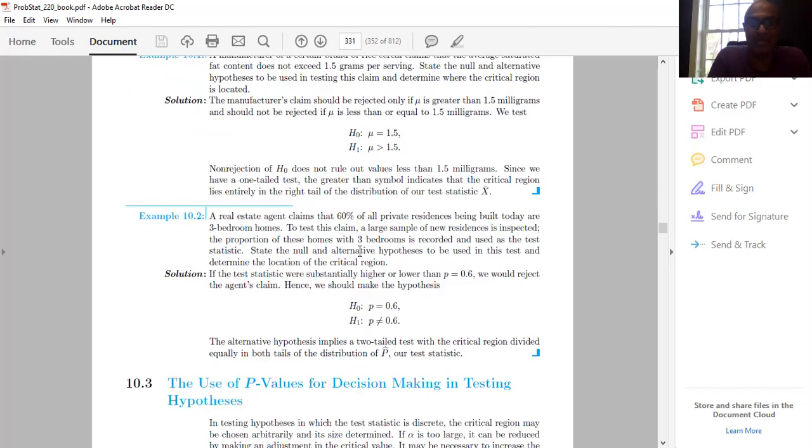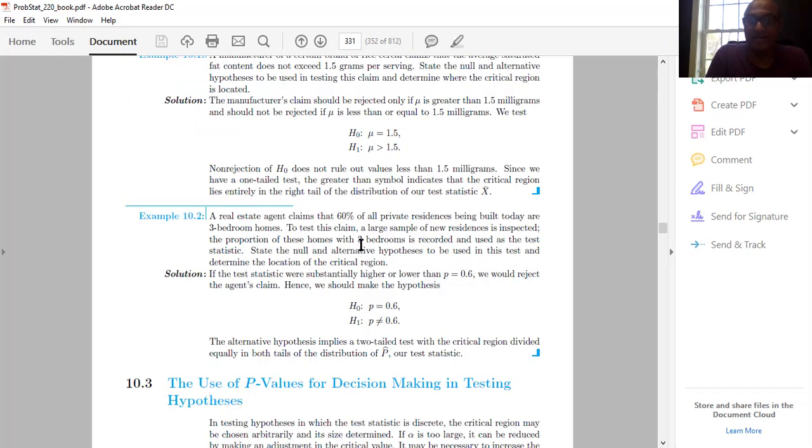The second example says that a real estate agent claims that 60% of all private residences being built today are 3-bedroom houses. To test this claim, a large sample of new residences is inspected. The proportion of those homes with 3 bedrooms is recorded and used as the test statistic.